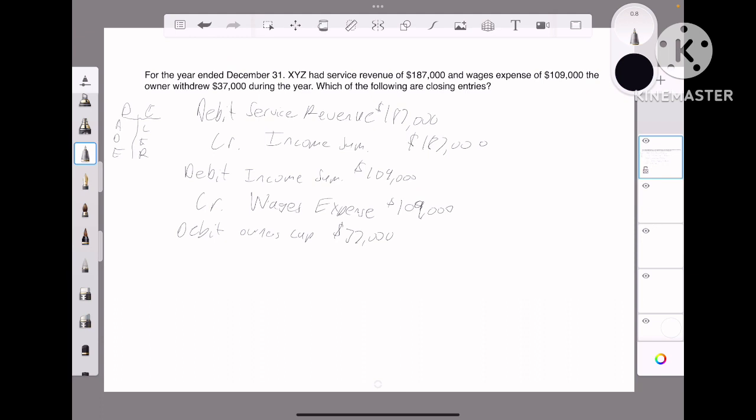So we'll debit owner's capital because owner's capital is equity, so it'd usually be a credit, but since we're closing the account, we have to basically do it.